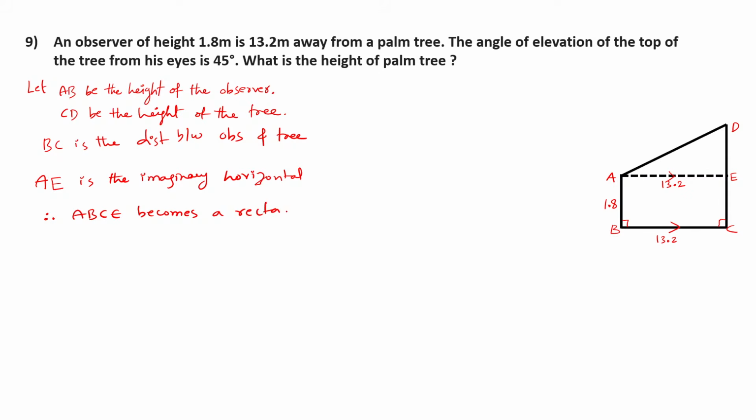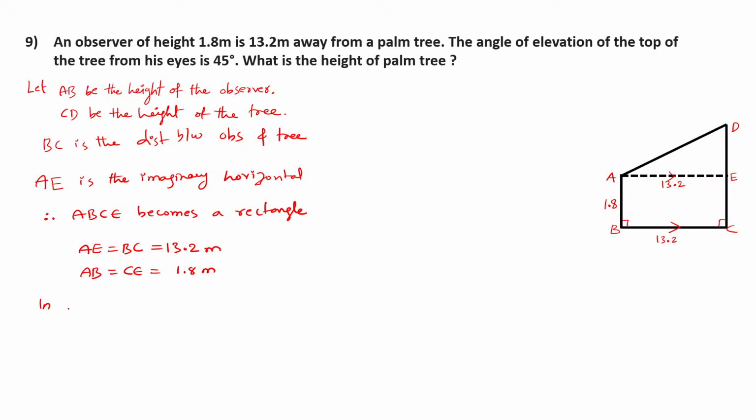Since it is a rectangle, opposite sides are equal, right? So AE is equal to BC, and that will be exactly equal to 13.2 meters given in the question itself. Next opposite side pair is AB equal to CE, that is 1.8 meters given in the question.